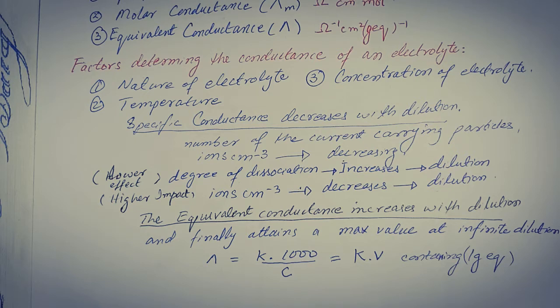According to the formula, we have to add a specific amount of the electrolyte to make the overall volume 1 decimeter cube.